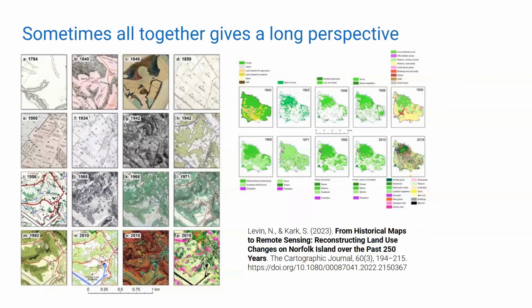An example I personally like very much is the paper about Norfolk Island land use changes, where authors aggregated and unified a lot of sources starting with the 1794 map. And so they unified all these various data sources using the same legend. And such a retrospective could be very interesting for studies of land cover change dynamics, and very interesting to be applied in MOLUSCE in particular.